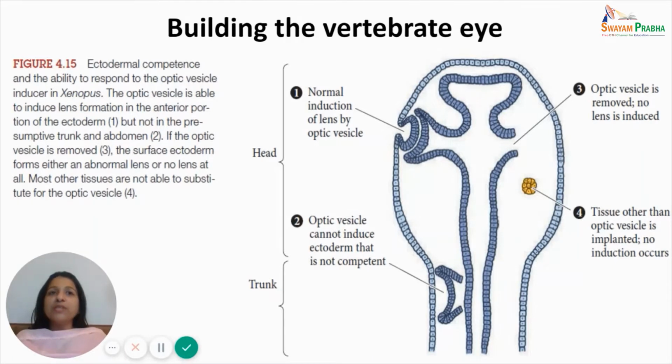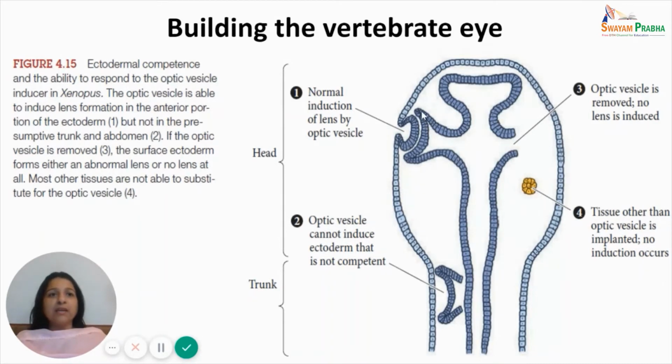Now these brain bulges are the prospective optic vesicles, and the head ectoderm is induced by them to form the lens of the eye. In return, the prospective lens cells also secrete certain paracrine factors which instruct these optic vesicles to form retina.